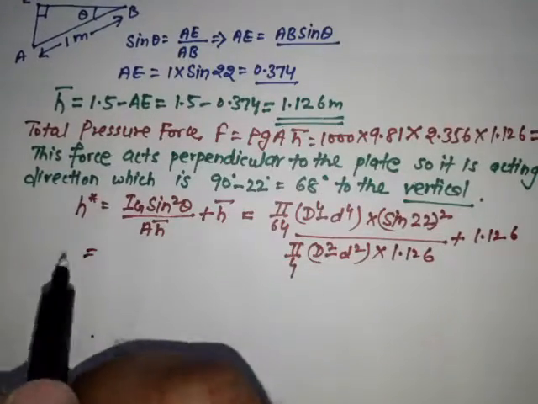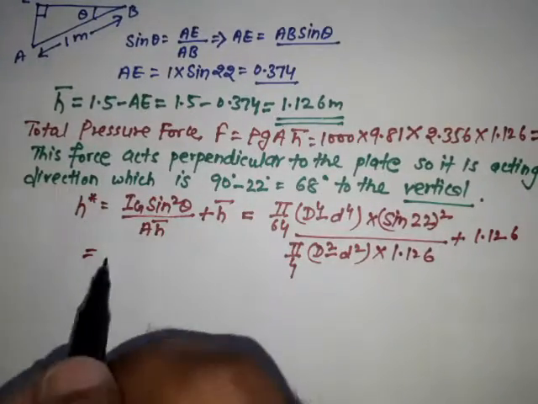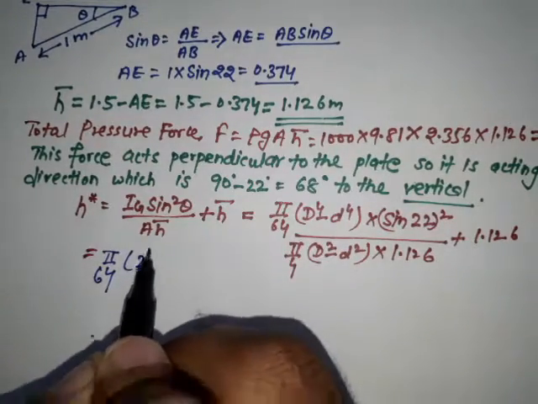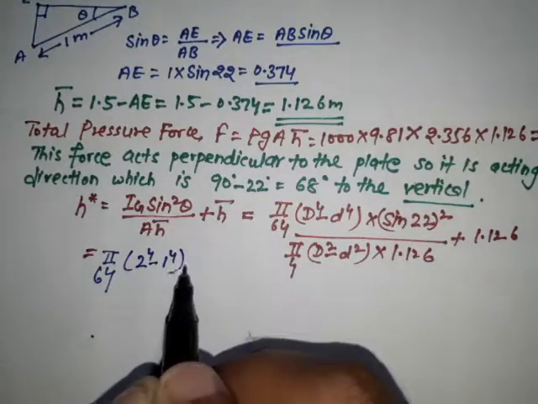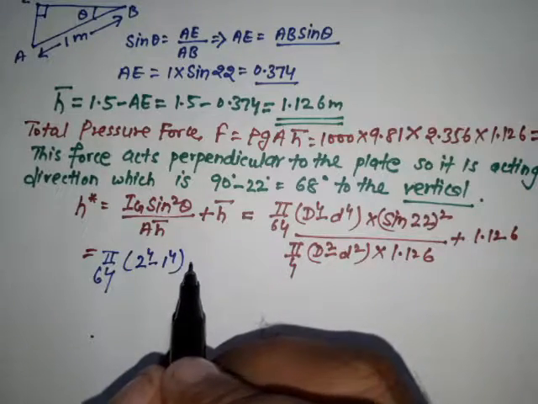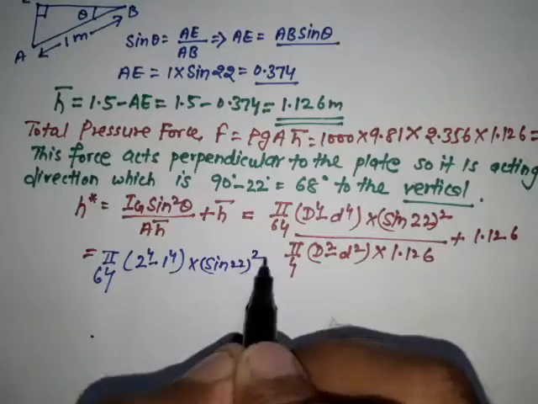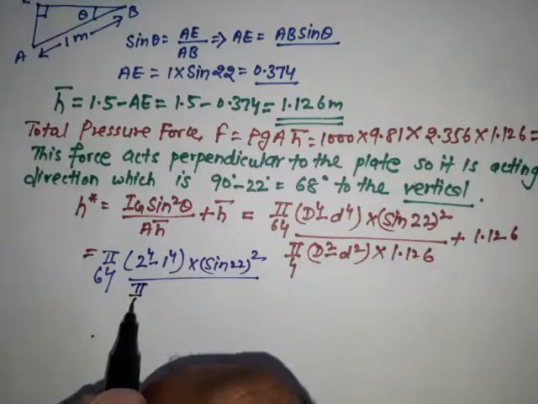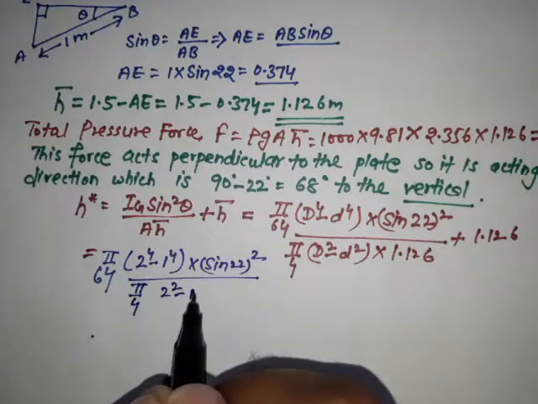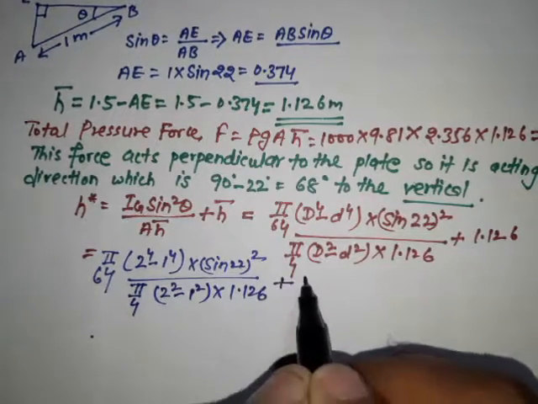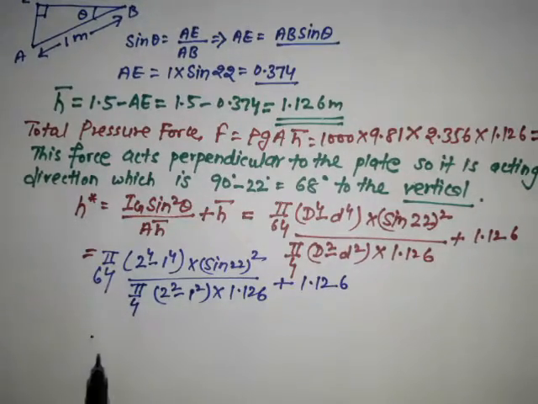So I substitute all the values. Pi by 64, that is 2 raised to power 4 minus 1 raised to power 4, into sine 22 whole square upon pi by 4, 2 square minus 1 square, into 1.126 plus 1.126.